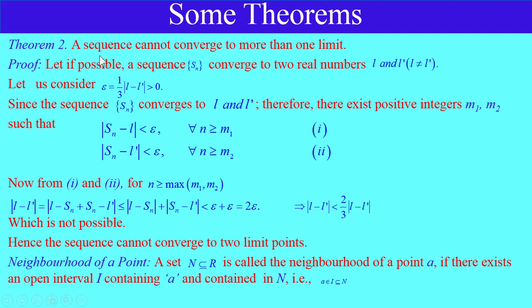Theorem 2. A sequence cannot converge to more than one limit. That is, the limit of a sequence is unique. Proof. Let, if possible, a sequence Sn converge to two real numbers L and L dash, where L is not equal to L dash. Let us consider epsilon equal to 1/3 modulus L minus L dash, which is greater than 0.